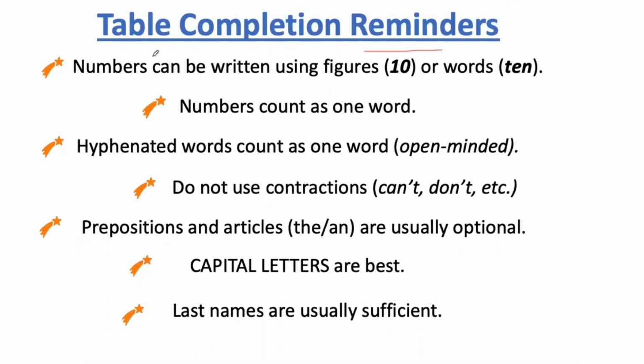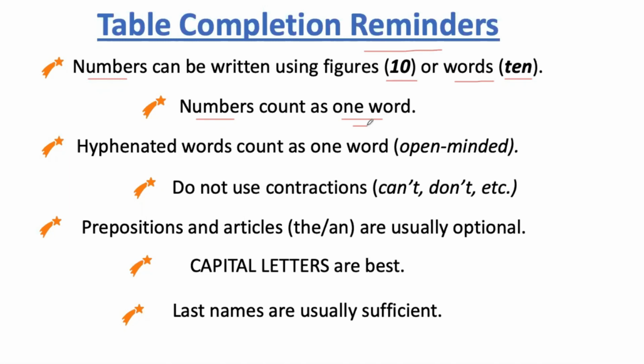For any completion questions, you want to make sure that you remember information about numbers. So numbers can be written using the figures themselves. So for example, here we have 10, the number, or you can use words. So you can write out ten. This is the same. It's your preference. You decide. Remember, though, that they count as 1 word.